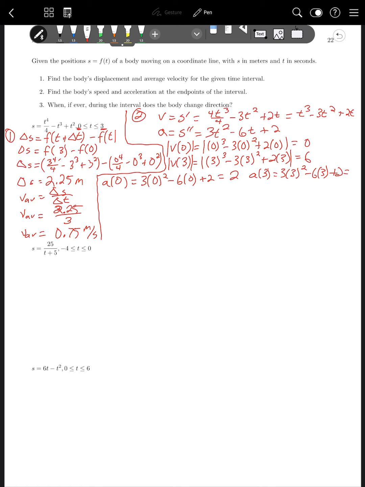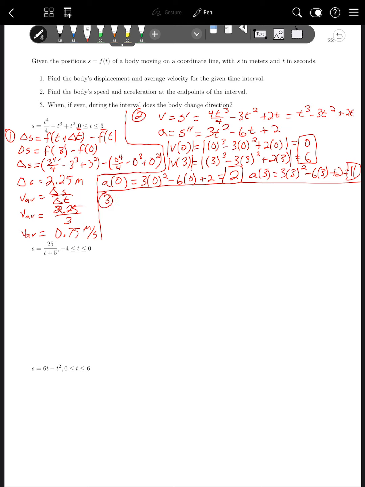And so that one's 27 minus 18, which is 9, plus 2 is 11. Okay, so there's the idea. So here are the answers for part 2.